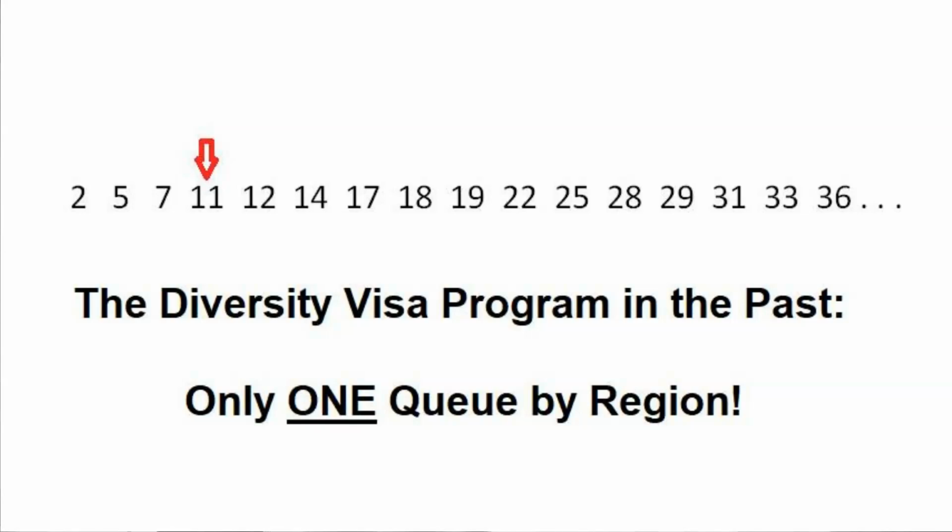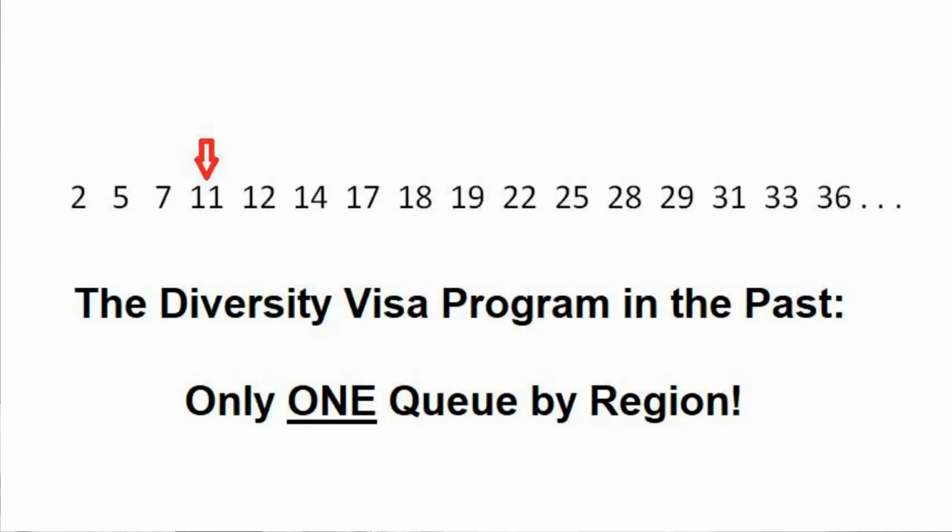Now, it was by means of case number analysis that case number 11 would get to know that they are actually in position number 4. And it doesn't just stop there. Case number analysis would also indicate that because you are in the 4th position, close to the beginning of the queue, you have high chances of being scheduled for interview.